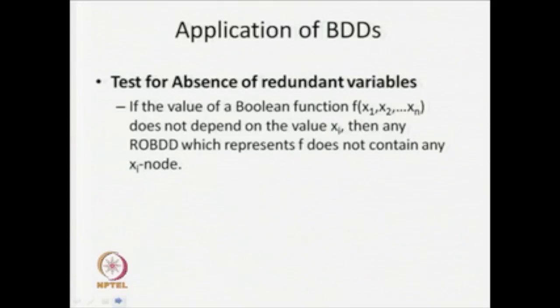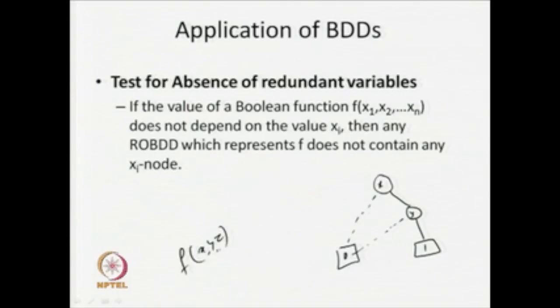So, if I have a BDD representation of a function, say x is coming like this, and this is y, and these are 0, 0 and this is 1. So, this is a function f of x, y, z.